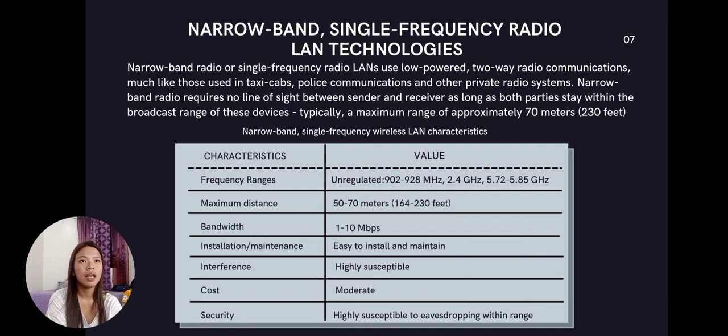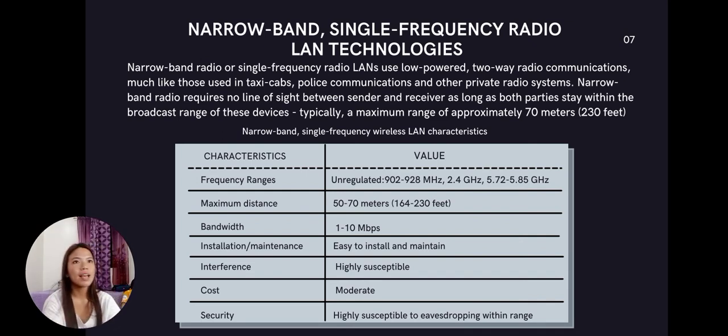This is the table of the narrowband single frequency wireless LAN characteristics. Here are the characteristics and the values. First is the frequency ranges.